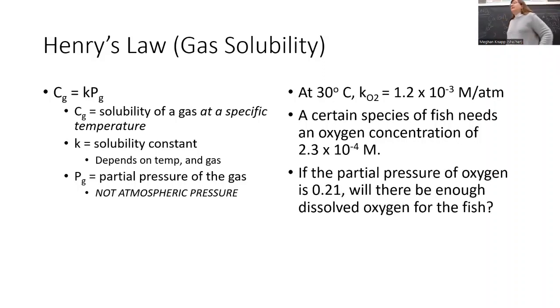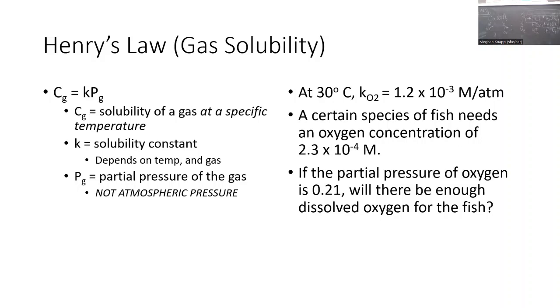Now, if I'm at normal atmospheric conditions, then I have 1 atmosphere of air, but the pressure of the oxygen is going to depend on what percent of the air is oxygen. So about 80% of the air is nitrogen.